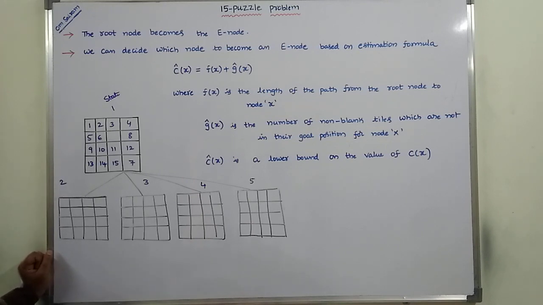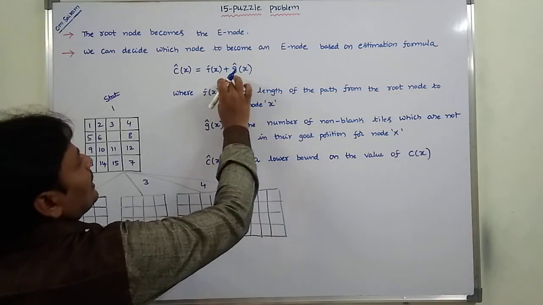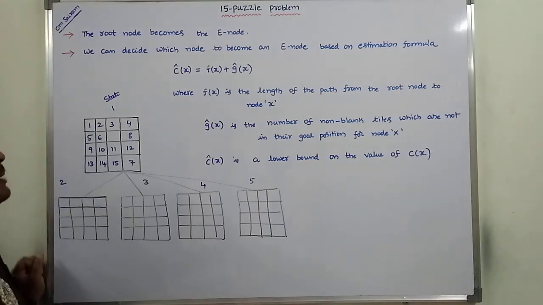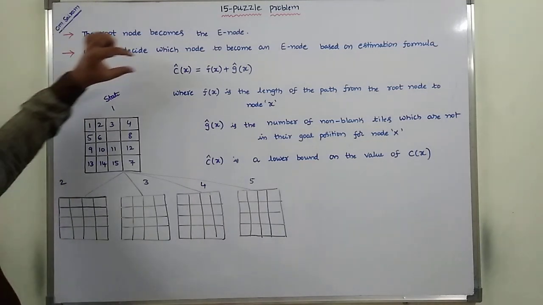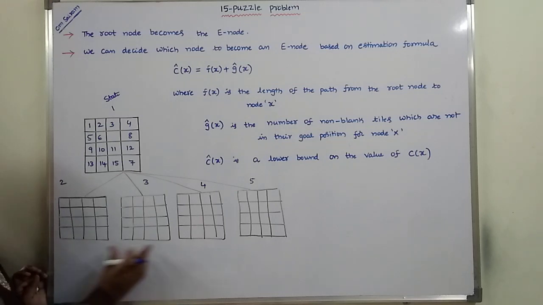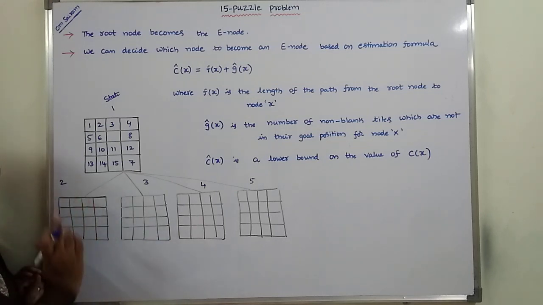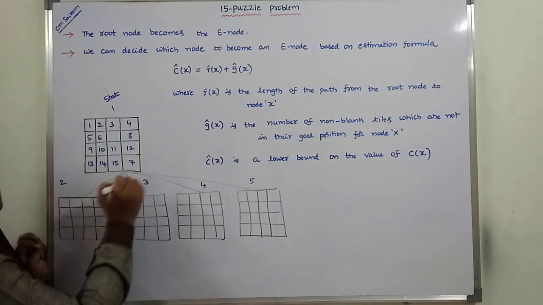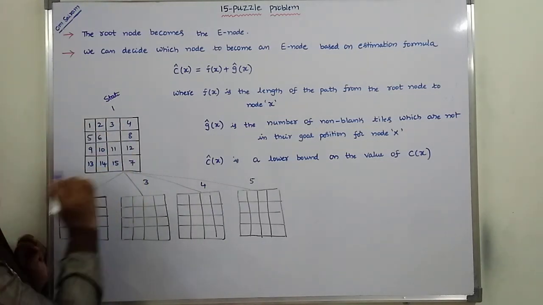Next one. C cap of x is equal to f of x plus g cap of x. Before going to this formula, how are we calculating the cost? First, how are the next nodes created? This is the root node. This node becomes the E node.